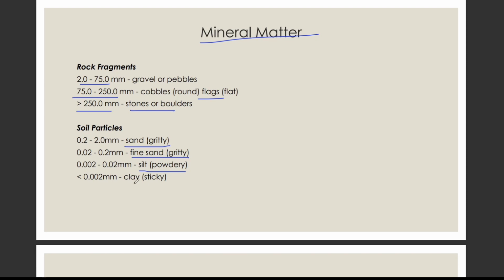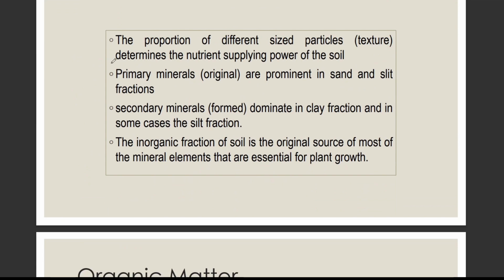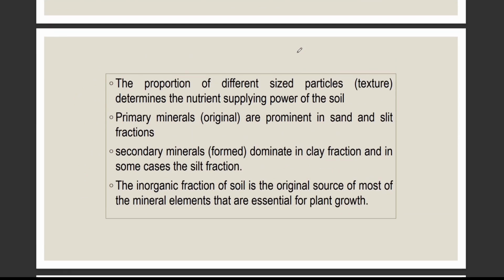And lastly we have clay. Clay is sticky and its size is very small, less than 0.002 millimeter. So those are the things. After that, we have the proportion of the different size particles. Mainly, texture determines the nutrient supplying power of the soil.